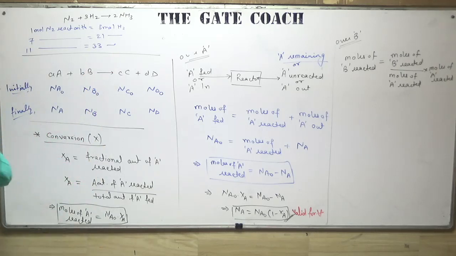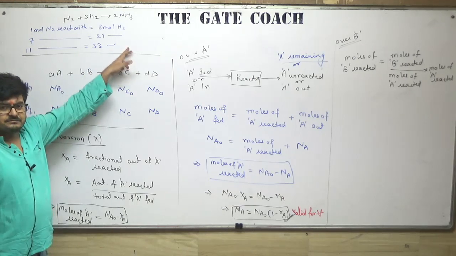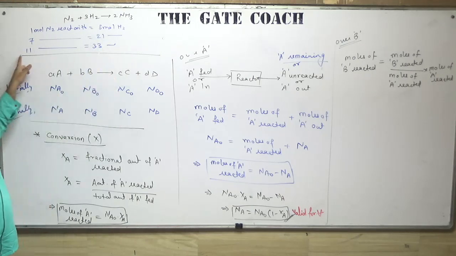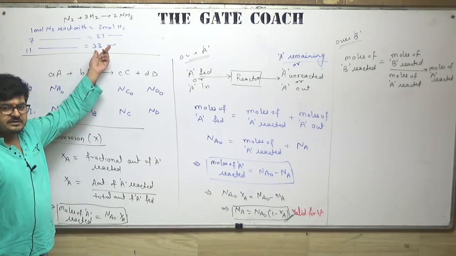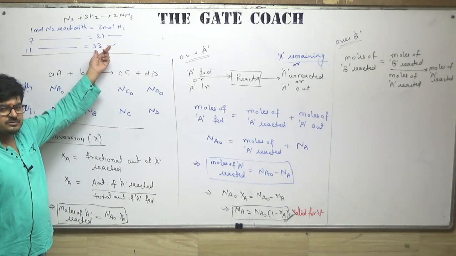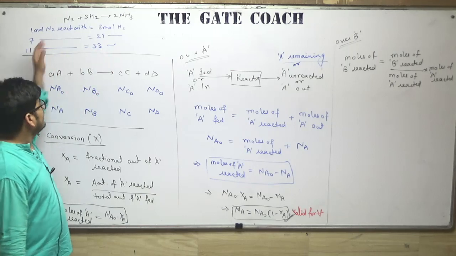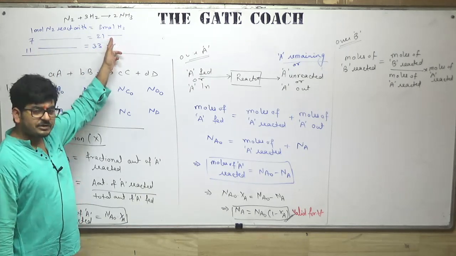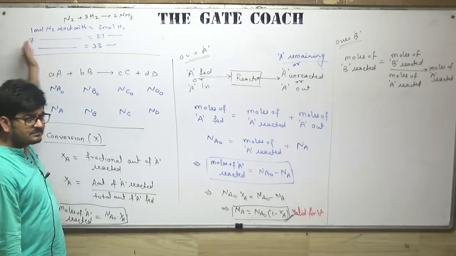So ultimately, moles of hydrogen reacted divided by moles of nitrogen reacted will be constant, that is 3. As you can see, moles of hydrogen reacted 33 divided by moles of nitrogen reacted 11, 33 over 11, 3. Moles of hydrogen reacted 21 divided by moles of nitrogen reacted 7, 3.